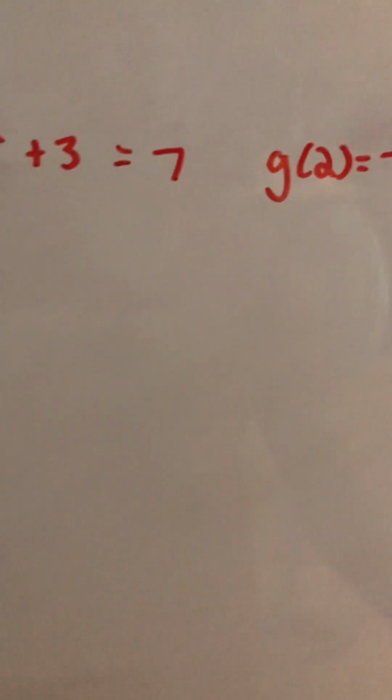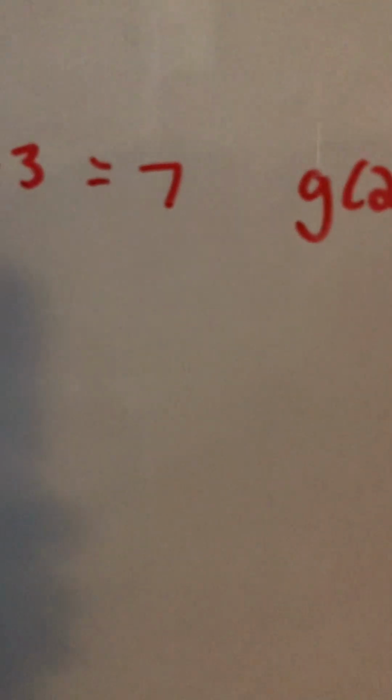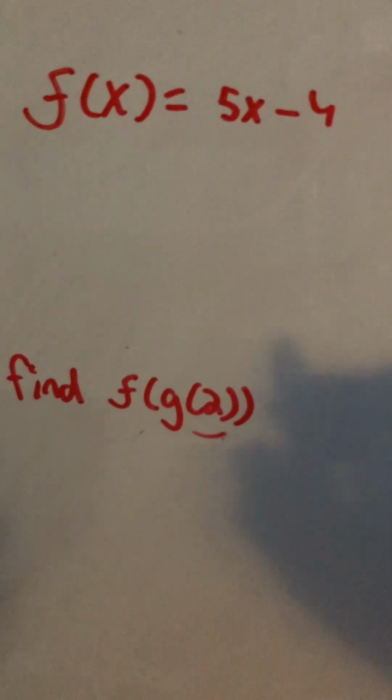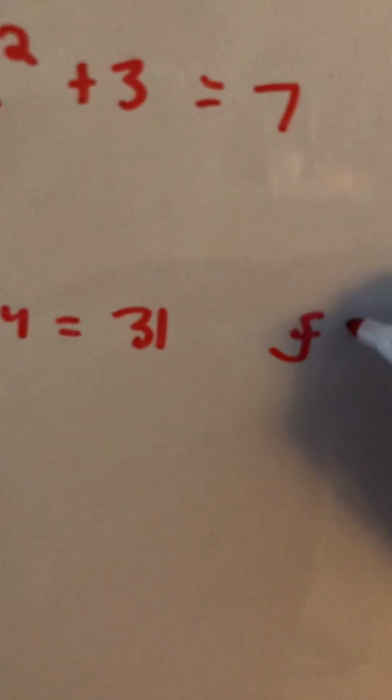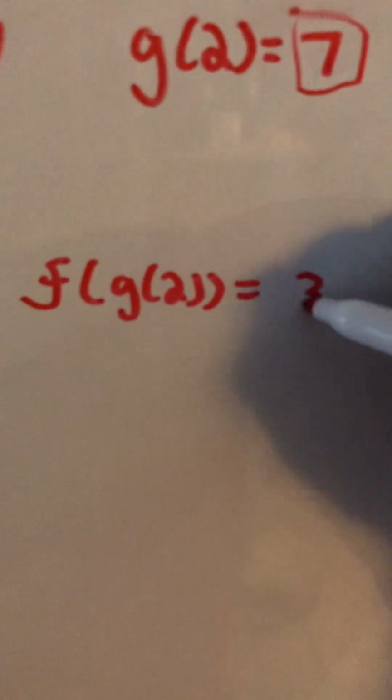So now I'm going to substitute 7, which I got for g of 2, into x in 5x minus 4. So I'm going to do 5 times 7 minus 4, which is just 31. Therefore, the composite function f of g of 2 is equal to 31.